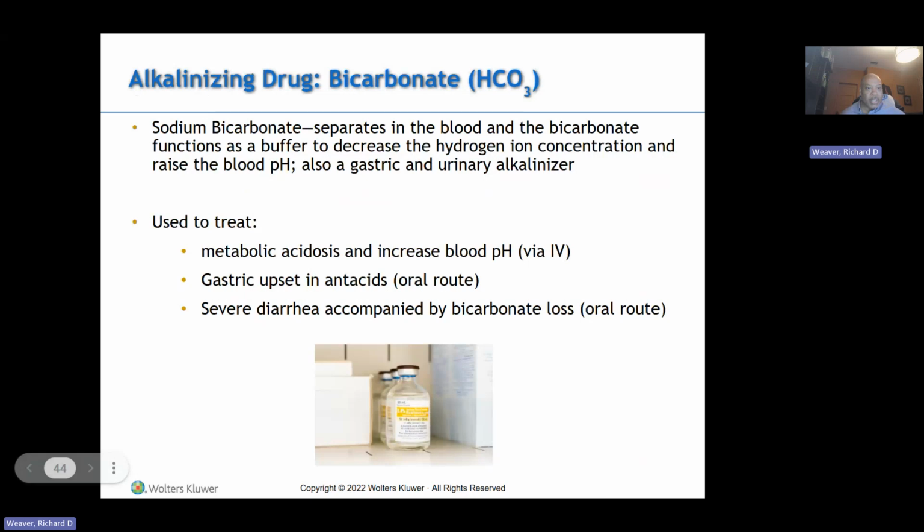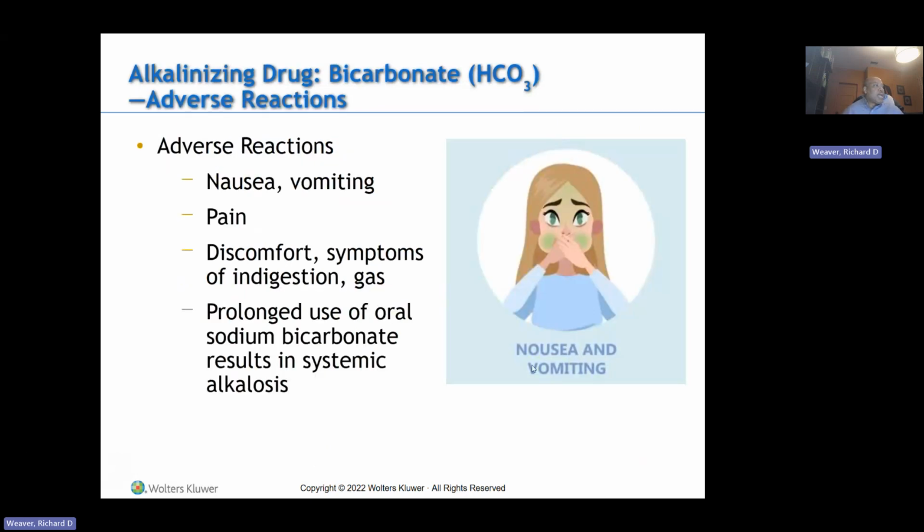All right, I think we're getting kind of close, people. So let's see. Adverse reactions: nausea, vomiting, and pain, discomfort, symptoms of indigestion and gas. Now, prolonged use of oral sodium bicarbonate results in systemic alkalosis because you're taking this drug so much, you become more base, more alkalotic. And that's not a good thing either.